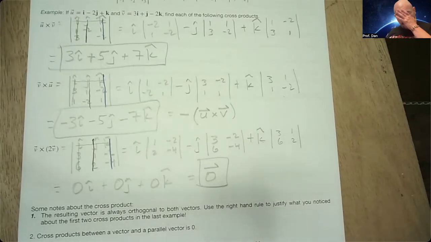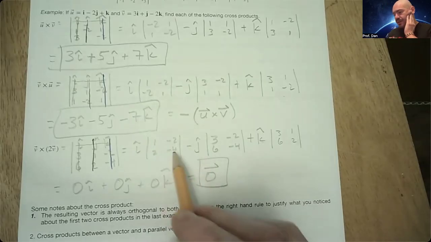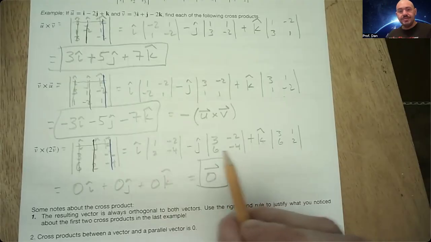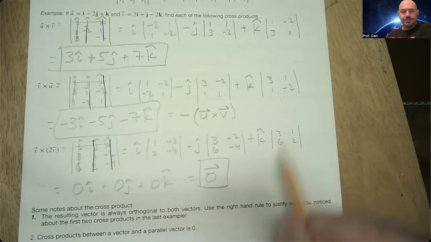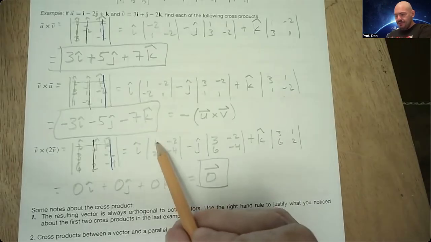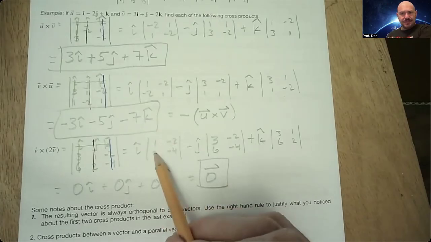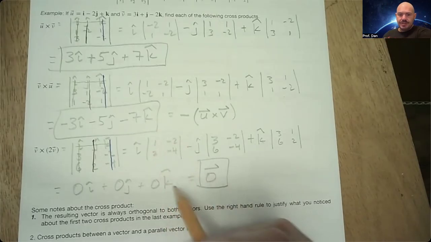Kind of strange. But let's think about something. In all of these cases, the second row is a multiple of the first row. So because I'm multiplying like this, I'm always going to end up having a number minus itself as that determinant.